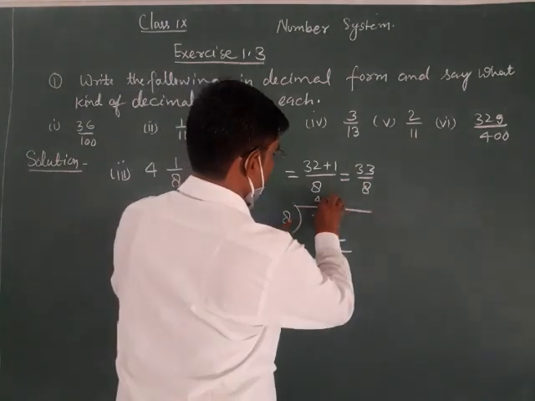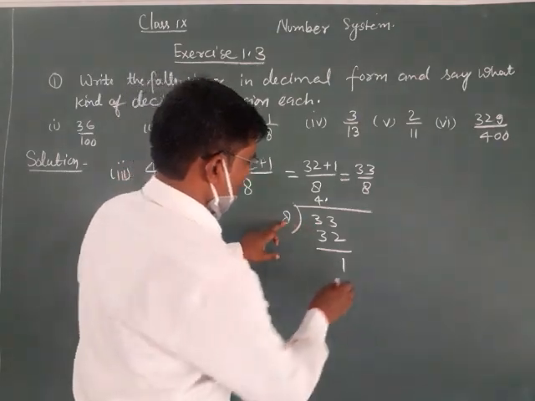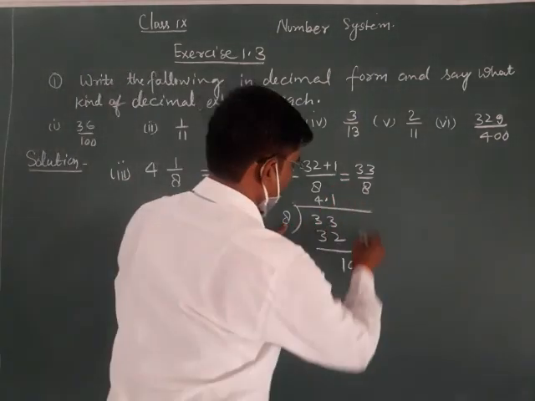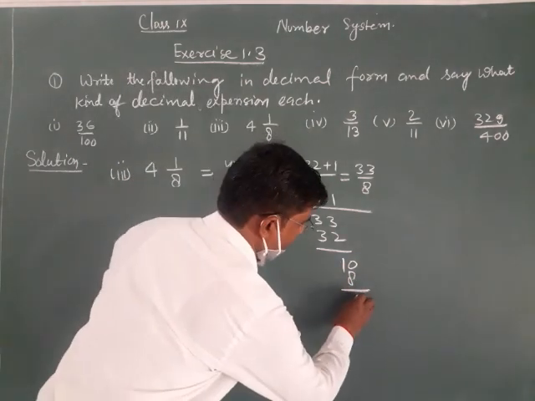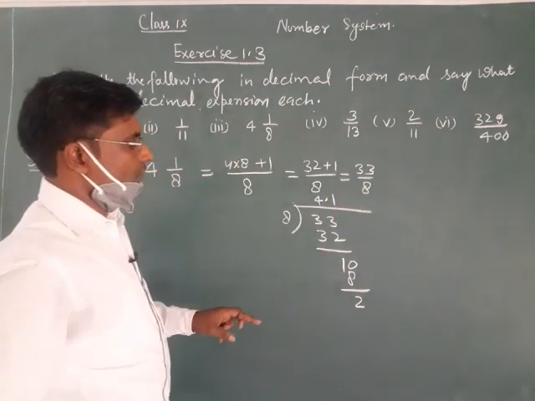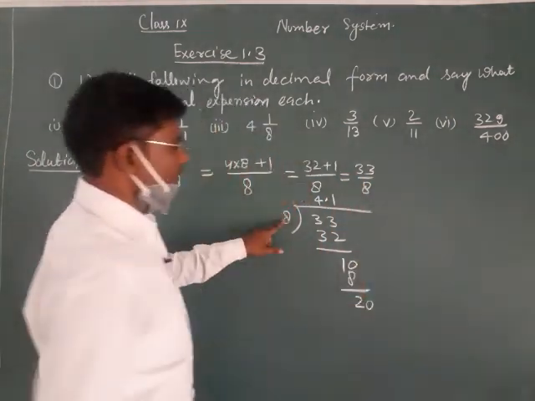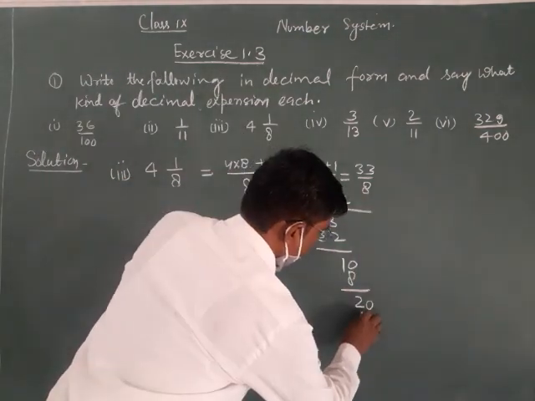So taking the decimal, now increase 0. 10, 8 times 1 is 8. So now 10 minus 8 remains 2, remainder 2. So now increase 0. 20, 8 times 2 is 16.